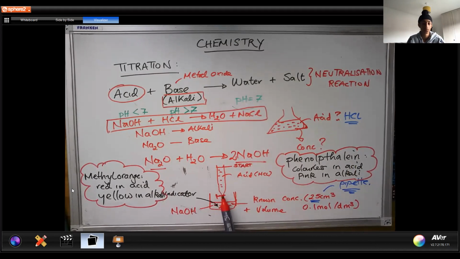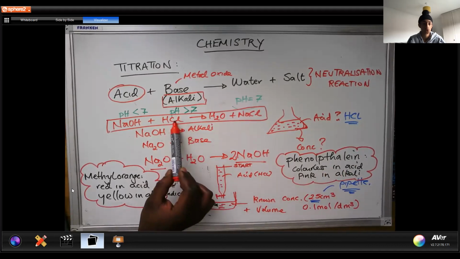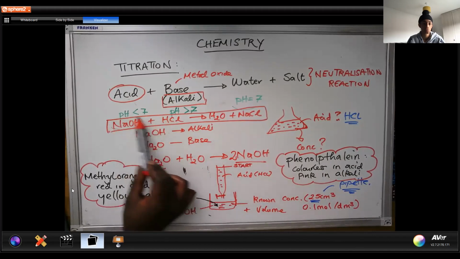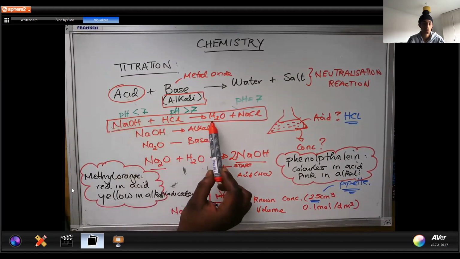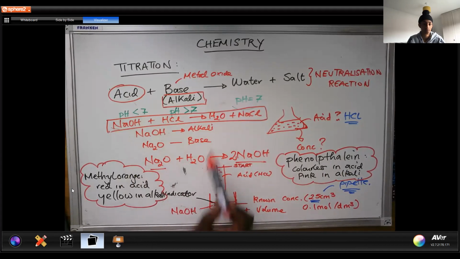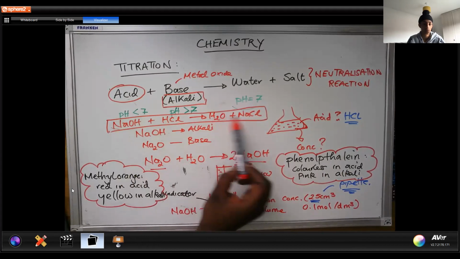As you add the acid, the moment all the sodium hydroxide gets used up, and you then have a next drop of acid, that acid would make that indicator turn colorless. Because now you've got excess acid. Because look at the reaction. As the sodium hydroxide is used up, eventually all you're going to have in that vessel is going to be water and sodium chloride.